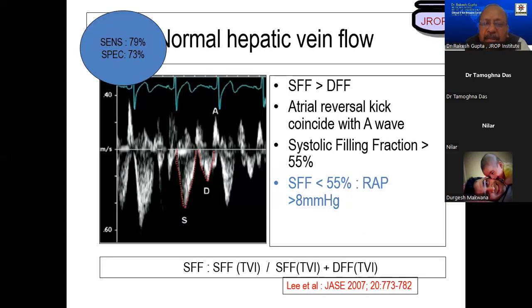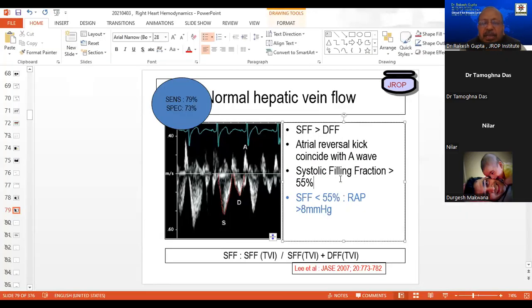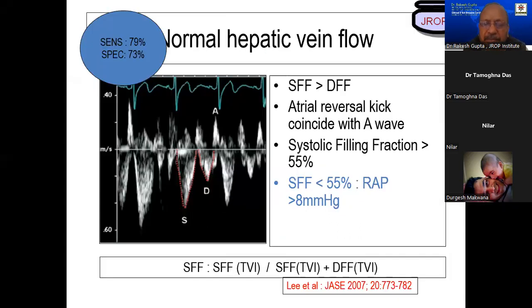I hope that has been clear for all of you, what exactly you look for in RA pressure evaluation. Before I move to the next point, the most important part of any RA pressure evaluation is nothing else but the IVC. Spend time on the IVC.